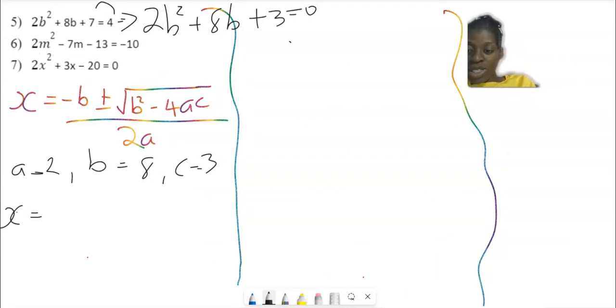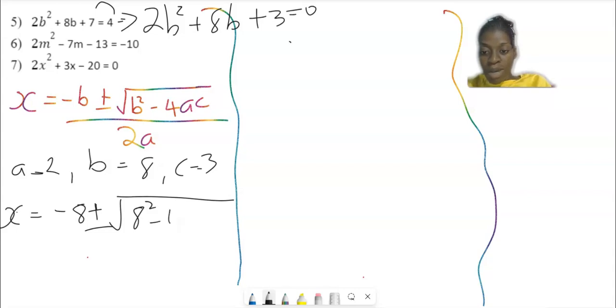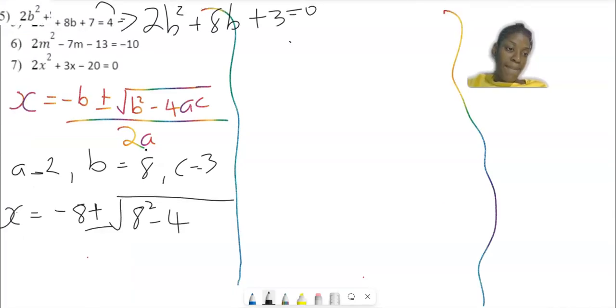x equals negative 8. The formula says negative b. b is 8, so we're going to have negative 8 plus or minus the square root of b squared, and b is 8, so 8 squared minus 4ac. 4ac means 4 multiplied by a multiplied by c, and in mathematics, of course, we can use brackets to represent multiplication.